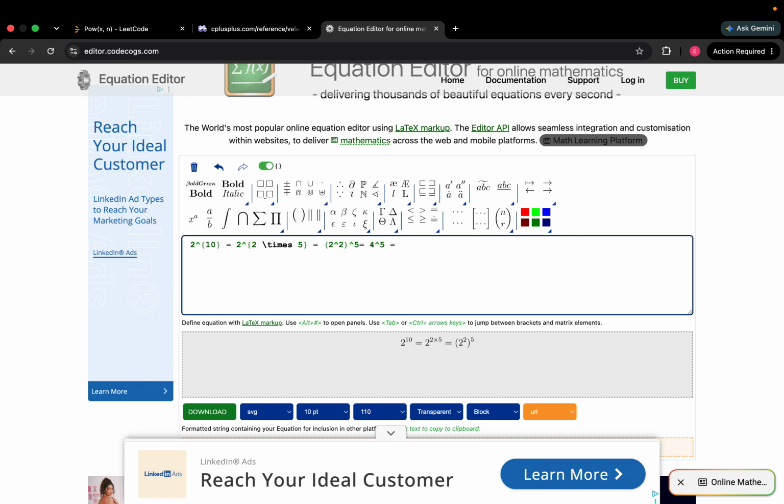And then keep continuing. We have 4 times 5, this one should be 1 plus 1 plus 4, and then which means 4 times 4 times 5.